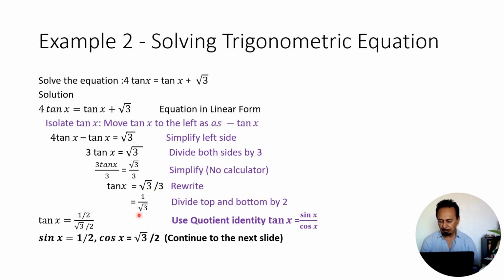Now if you simplify, it becomes 1/√3. Now divide numerator and denominator by 2. So you have tan x = (1/2)/(√3/2). Now tan x is sin x over cos x. So by comparison, we can say sin x is 1/2 and cos x is √3/2.